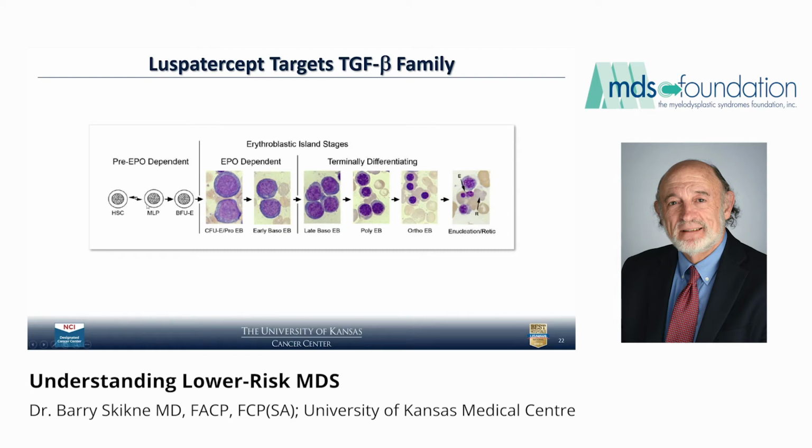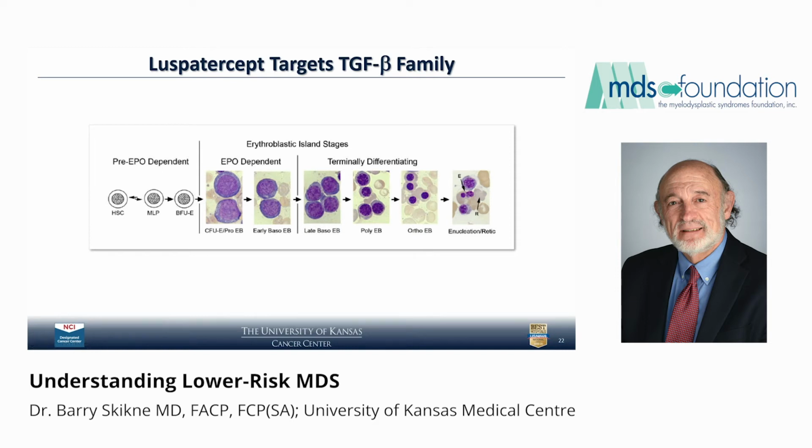And these cells go through all these steps. There's a stage where these cells may be erythropoietin dependent, fairly early on in how the cells are differentiating towards mature red cells. One loses the efficacy of erythropoietin when the cells become more mature and start becoming terminally differentiated.